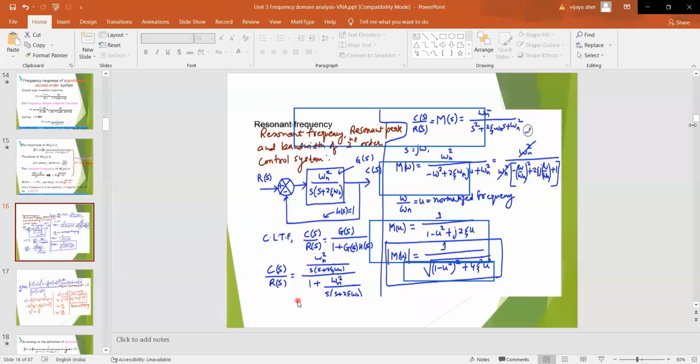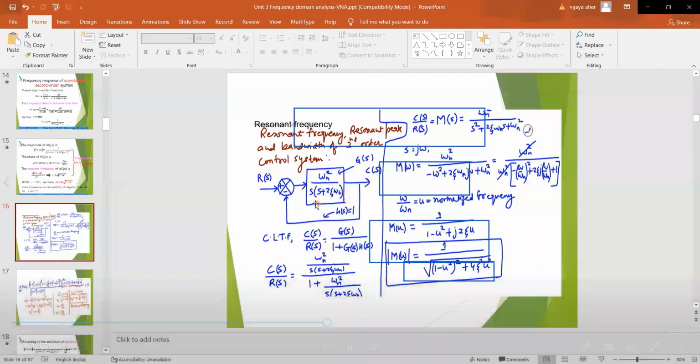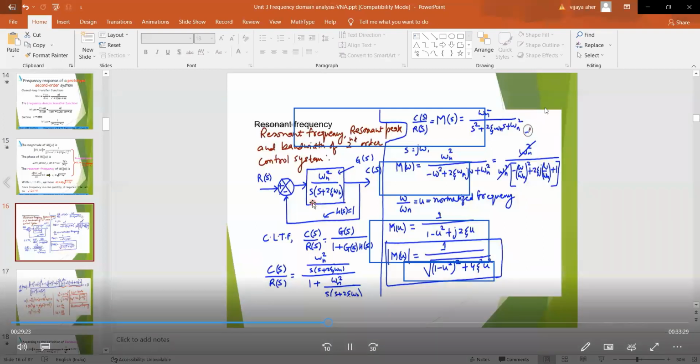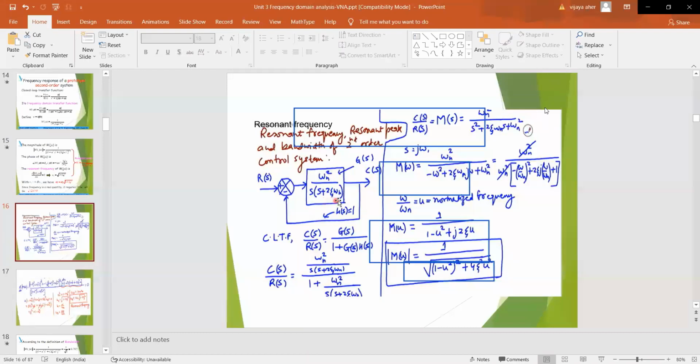Now you can write this G of S. In a second order system, this G of S has this equation: G of S is equal to omega n square divided by S into bracket S plus 2 zeta omega n. Omega n is the natural frequency, zeta is the damping factor again. So this is nothing but the transfer function.